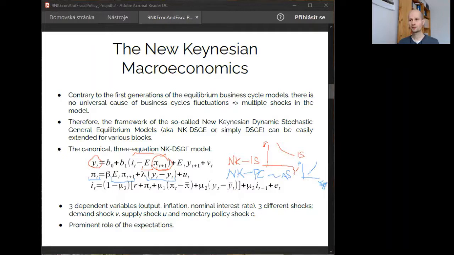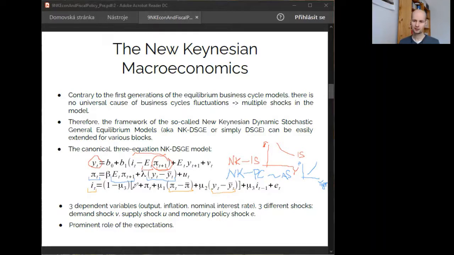And finally, there is a third equation, which is called the monetary policy rule, and which links the nominal interest rate with the development of inflation. So here's the difference between inflation and inflation target, denoted as P bar. The inflation PT can be here either actual inflation, or, what happens very often, expected inflation, and it is then linked to the output gap again.